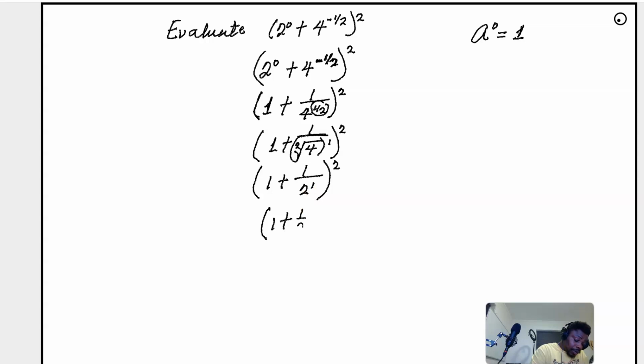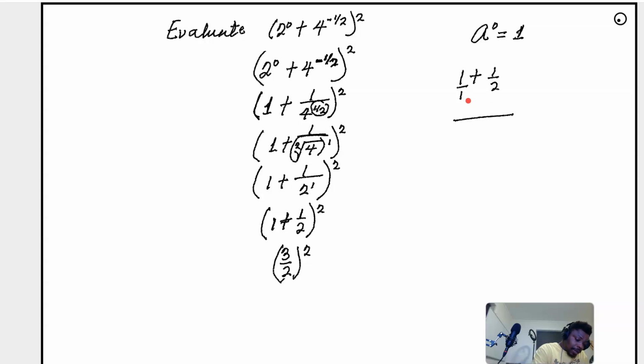So this is 1 plus half, and 1 plus half is 3 over 2. Then raised power 2 here. Because 1 plus 1 over 2, this is over 1, okay?